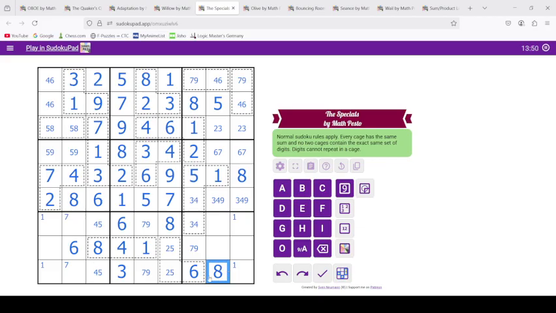What else? 2 goes over here with 7. This is an 8. That's a 5, 5, 9. This is 1, 3, and 9.